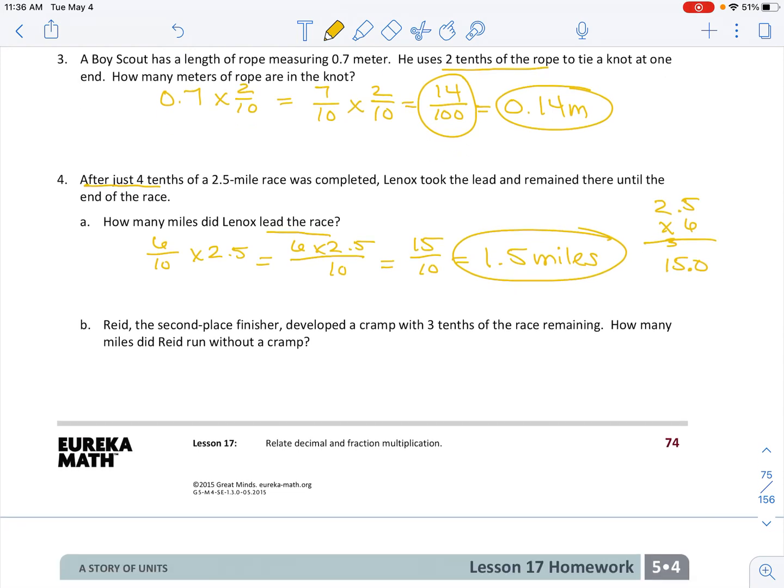Reed, the second place finisher, developed a cramp with 3/10 of the race remaining. How many miles did he run without a cramp? So again, he did 3/10 remaining, so it's 7/10 without a cramp, and then it was still 2.5.